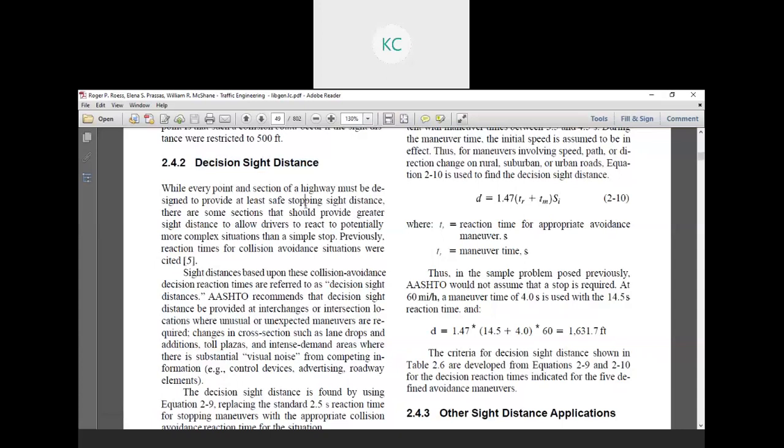The decision sight distance, or a particularly excessive stopping sight distance, is required at intersections, as well as in locations where there is a high vehicular demand.